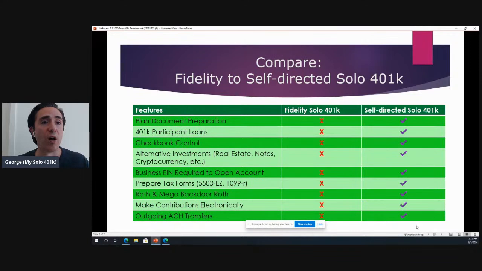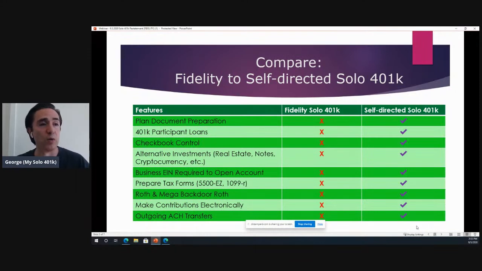And so we prepare our IRS approved documents, which allows for loans and Roth and alternative investments. And of course, we draft those documents in a fashion to give you maximum flexibility. So you don't have to invest in alternative investments, but you can. You don't have to make Roth contributions, but our plan allows for it.